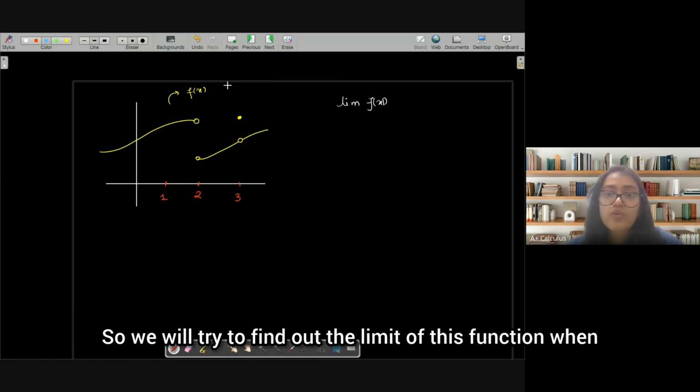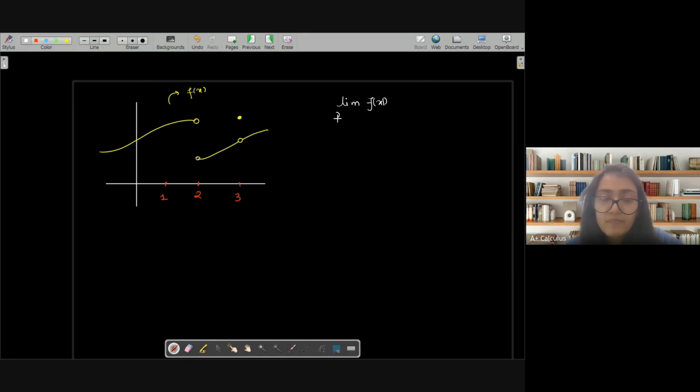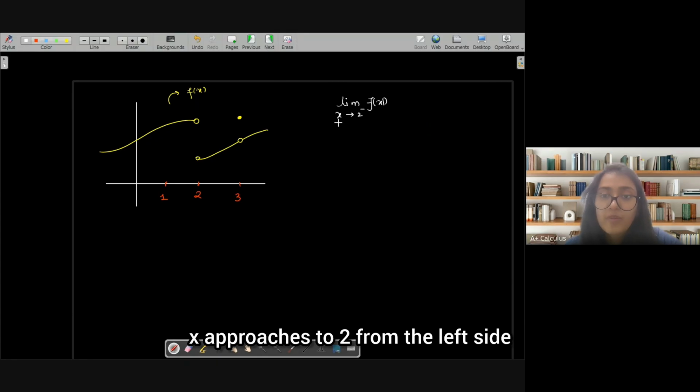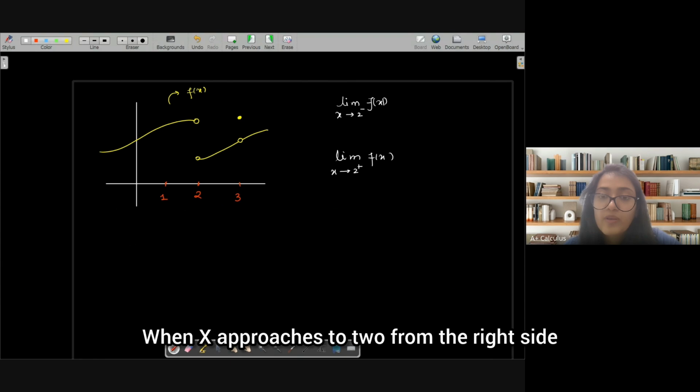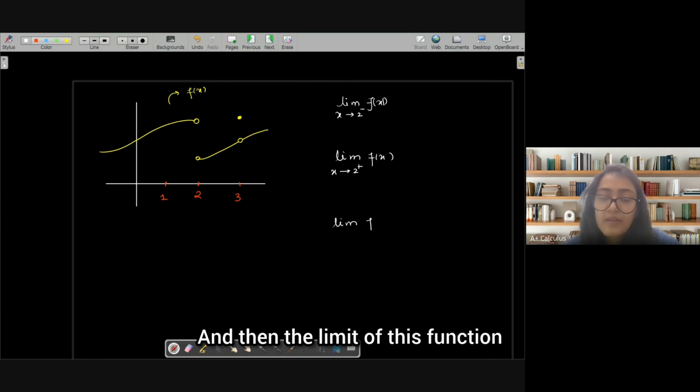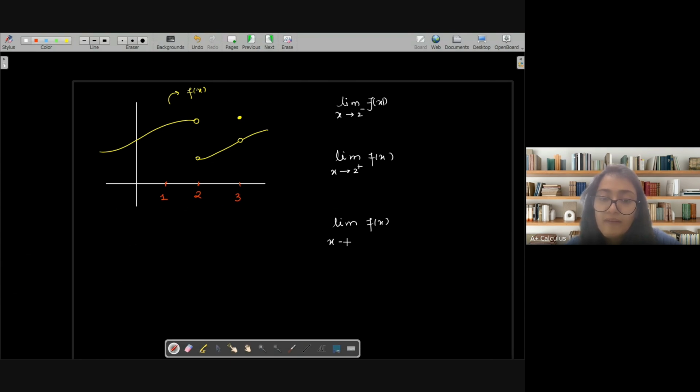Okay, so we will try to find the limit of this function when x approaches 2 from the left side, then the limit when x approaches 2 from the right side, and then the limit of this function at x equals 2.